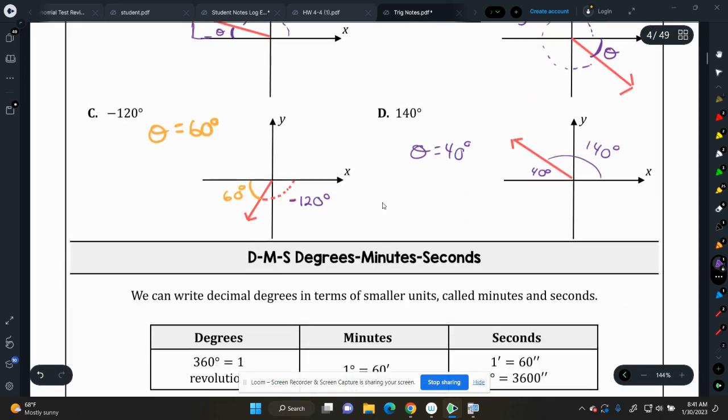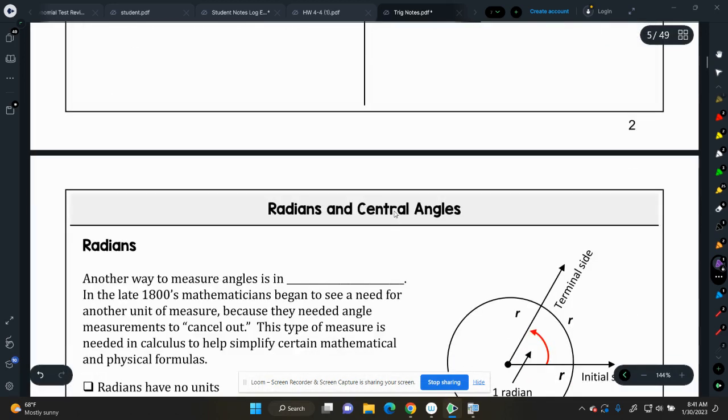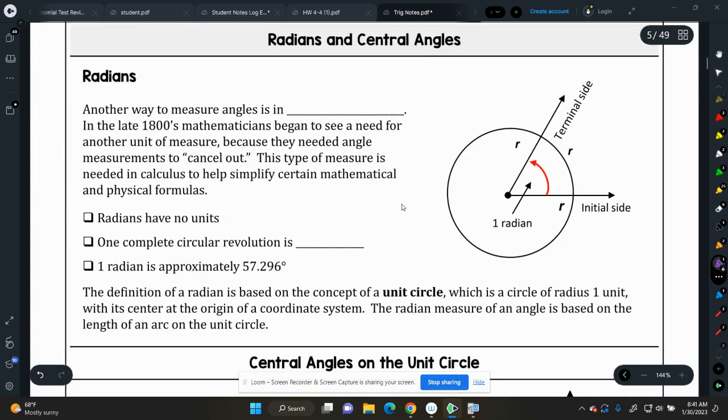Okay, we're going to skip over the DMS for right now. We're going to come down to the radians and degrees. Another way to measure angles is in radians. This is very common, actually, to measure in radians when we're talking about angular motion, like when we're describing the rotation of a tire.